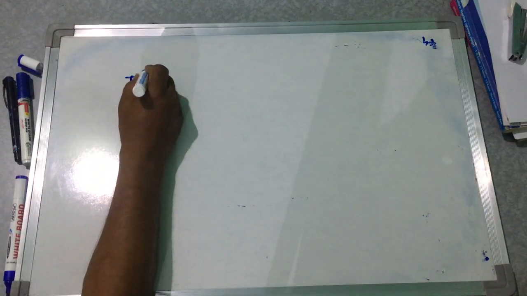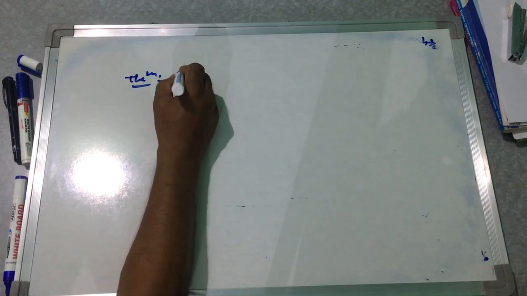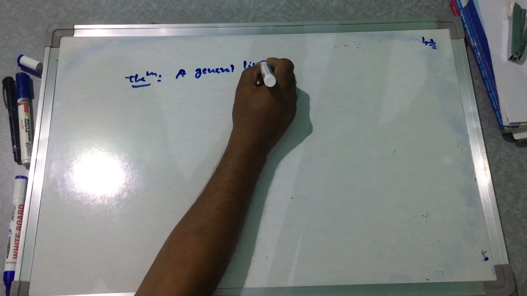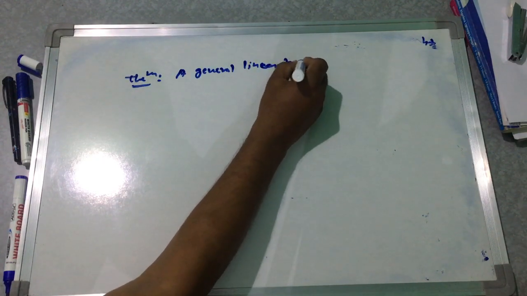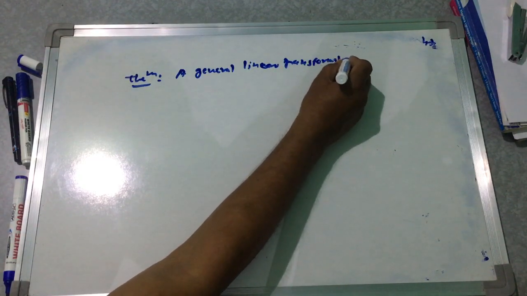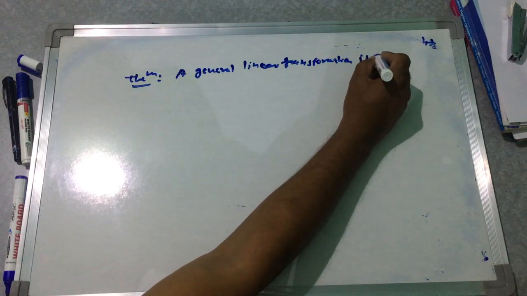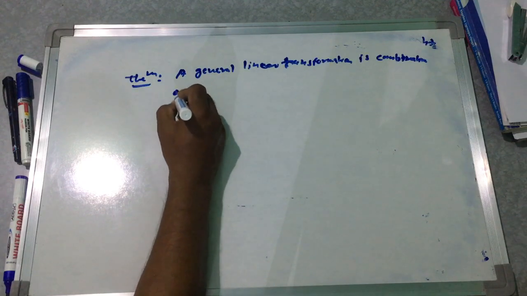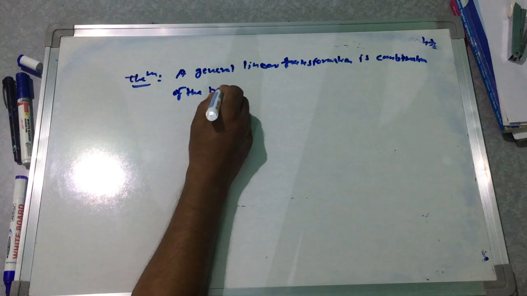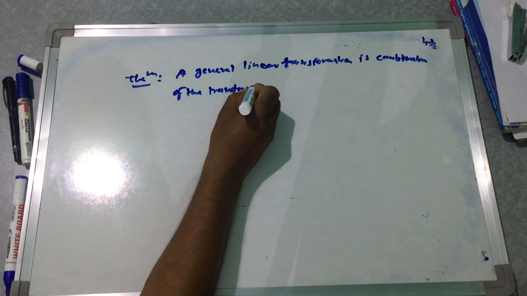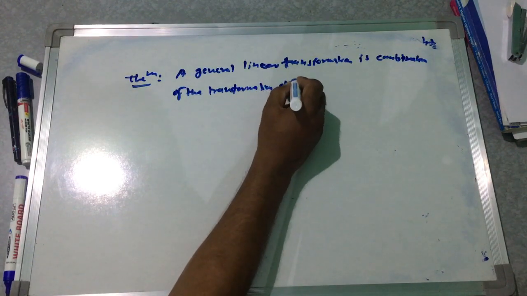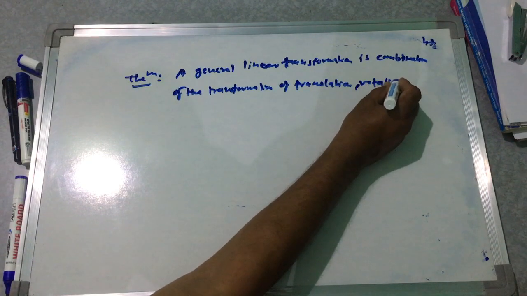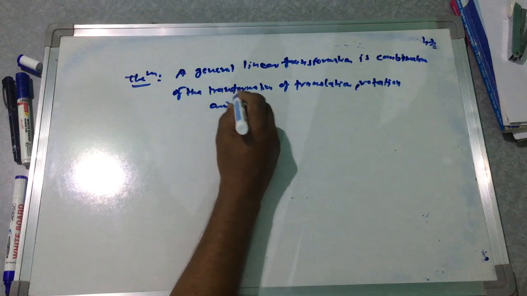Then the theorem: a general linear transformation is a combination of the transformation of translation, rotation, and stretching.